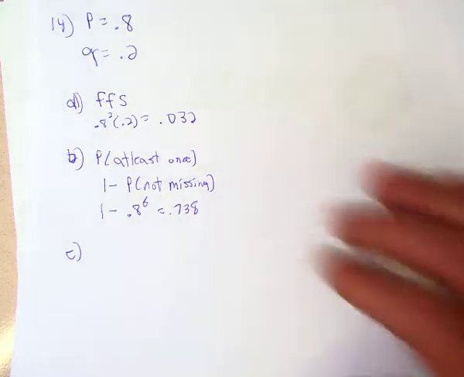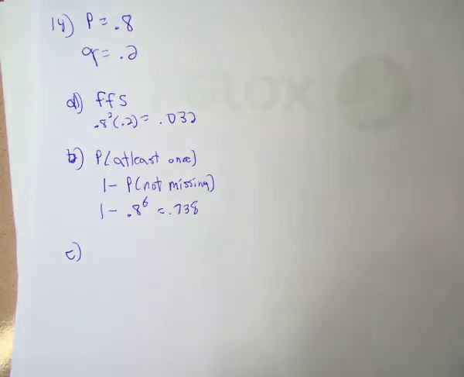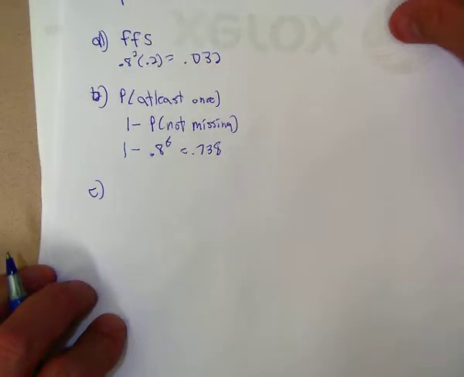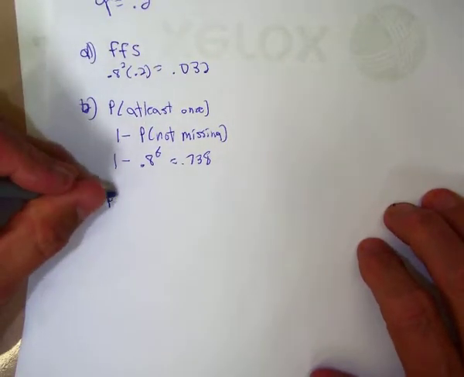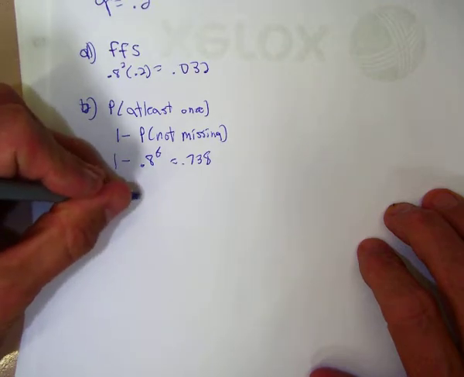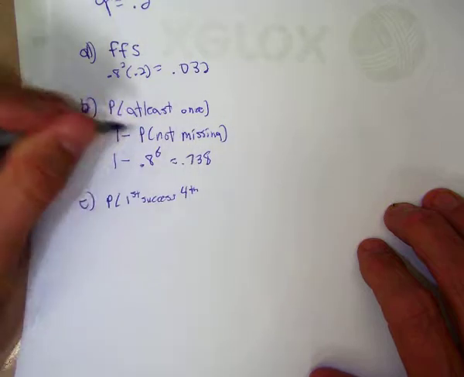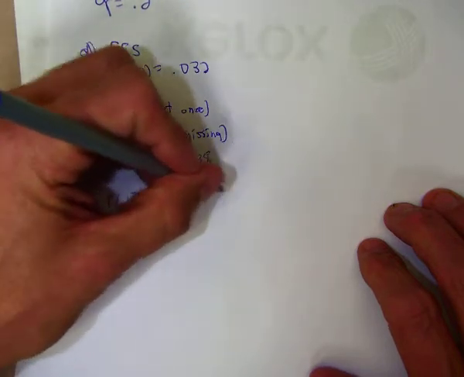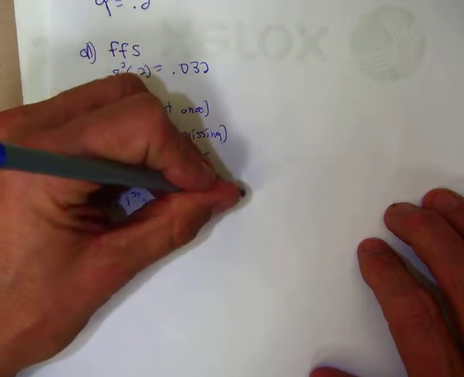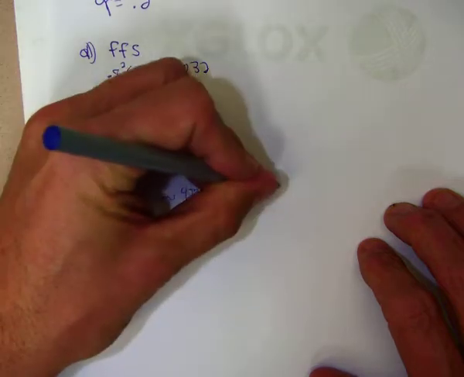Part C. Her first bullseye comes on the 4th or 5th arrow. Okay, so we're looking at the probability that the first success is on the 4th, or the first success is on the 5th arrow.